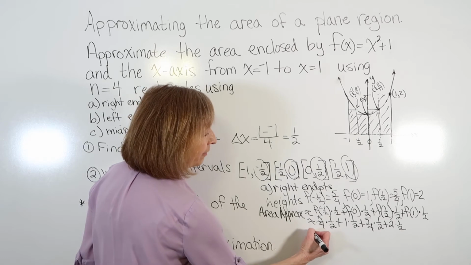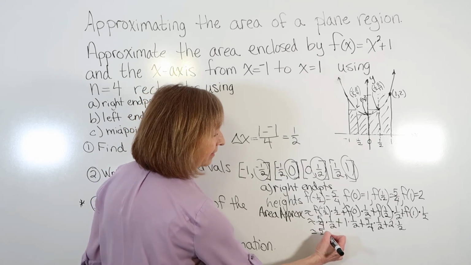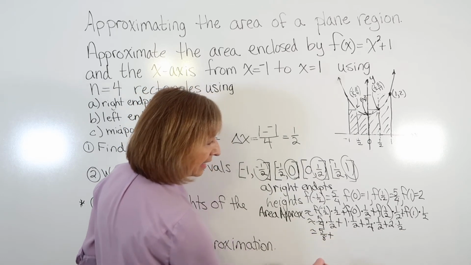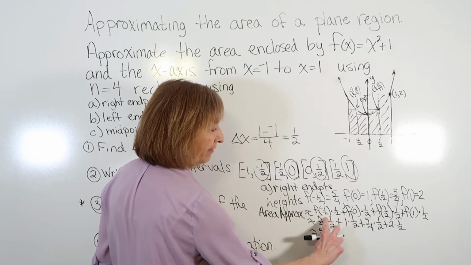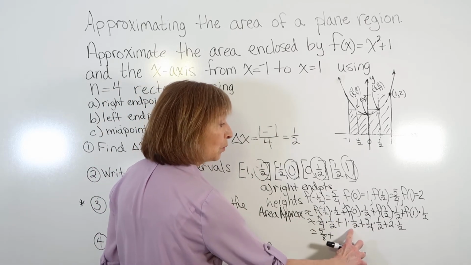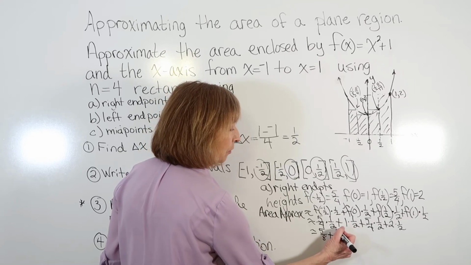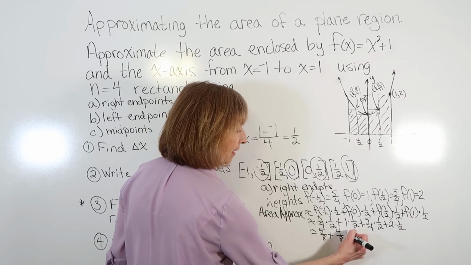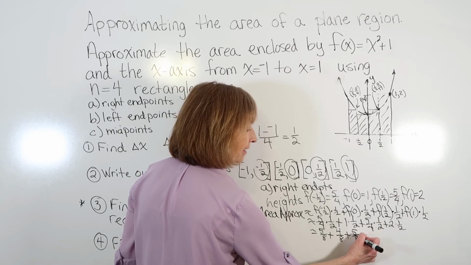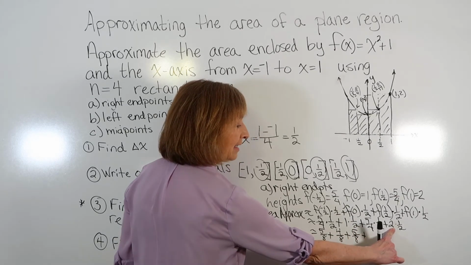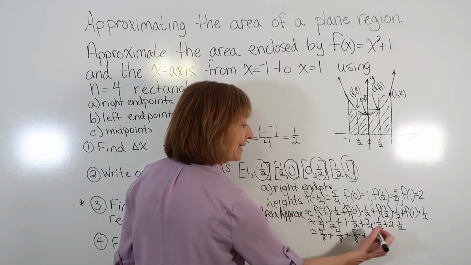And so we get from this 5/8 plus, and I'm going to put everything in eighths to get our fractional value. So 5/8 plus, well, this will be 1/2, but that'll be 4/8. And then plus 5/8. And then plus, this is 1, which is 8/8.